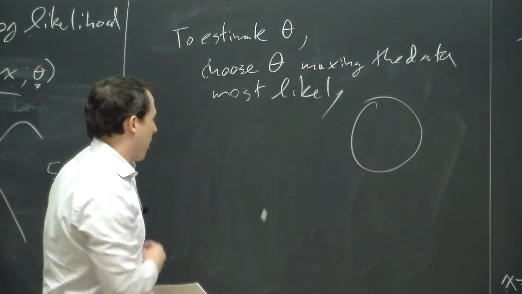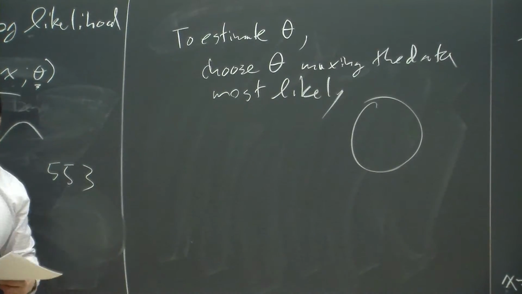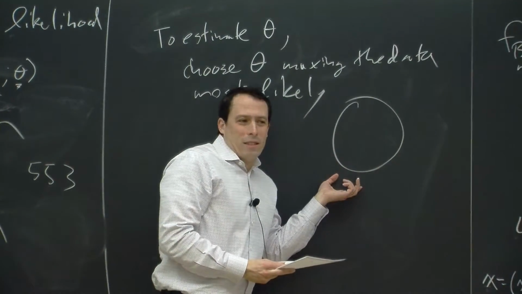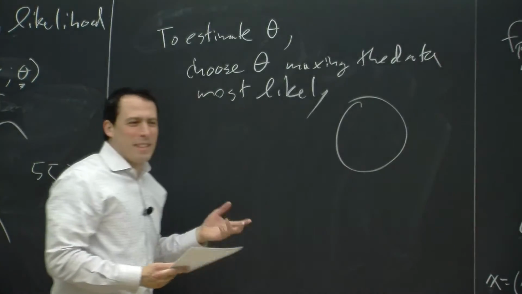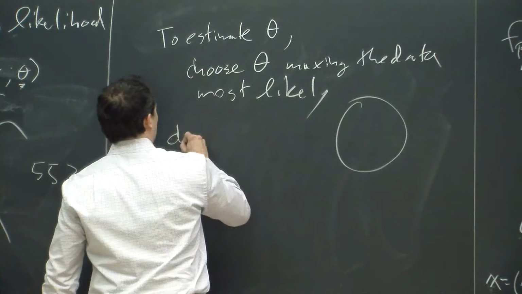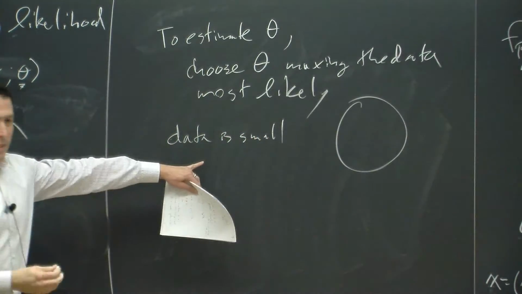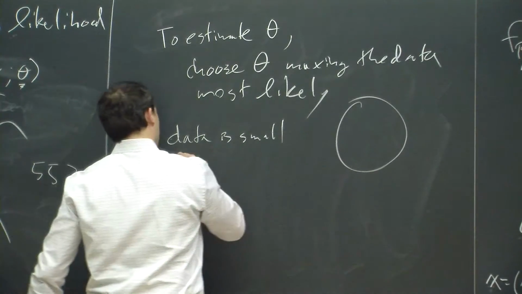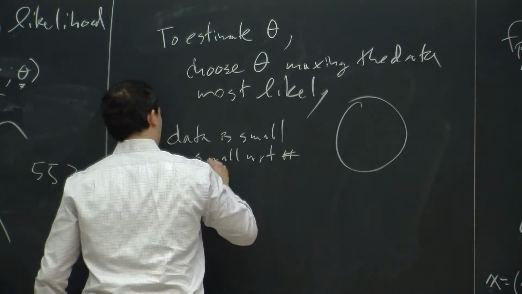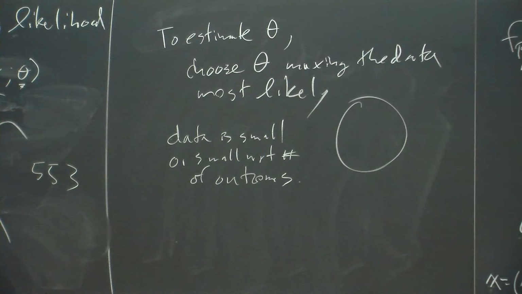What if I just throw it once and I miss? Your maximum likelihood estimate is probably going to be 0, but that's not a very good guess. So when the data set is small, or even small with respect to the number of possible outcomes, this is going to give you a bad answer.